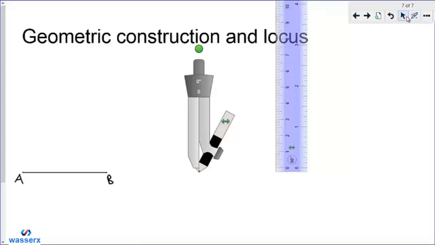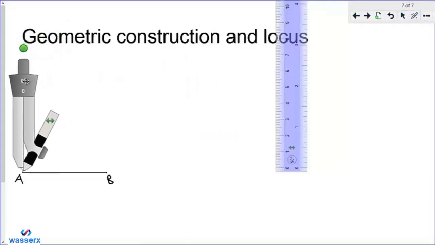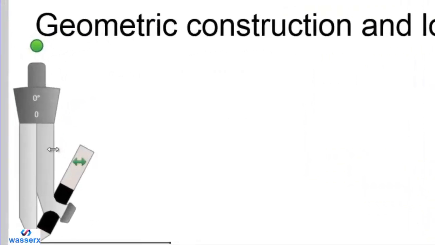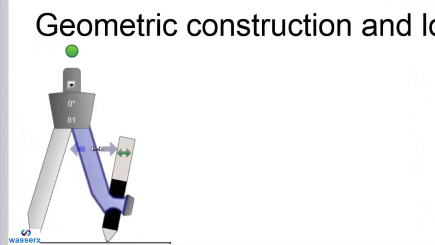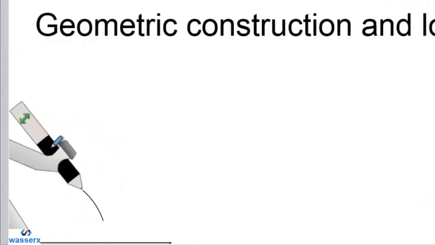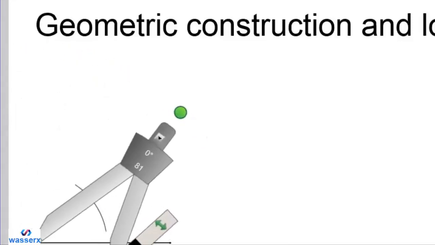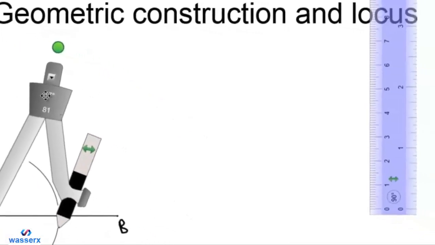So to do that, we place our compass at the first point, let's say A, then open to a reasonable radius that is more than half the length of AB. Then we draw an arc above and below.